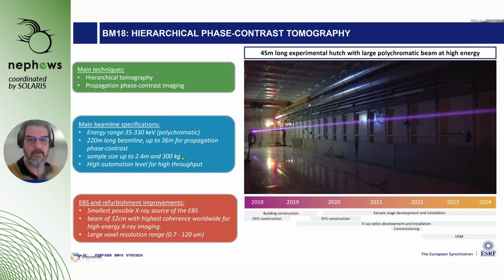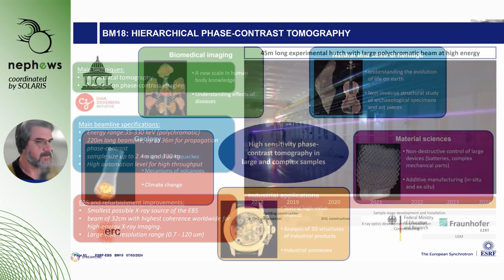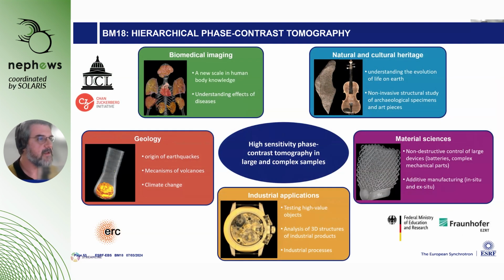So everything has been done to do very large objects, but also to be able to reach higher resolution in the large objects. And it's a beamline that is done for propagation phase contrast, as you understood, but also for multi-resolution. It means in a large object, we can zoom in and go to see the details. So we are covering many different topics.